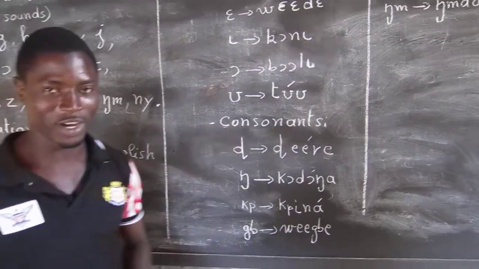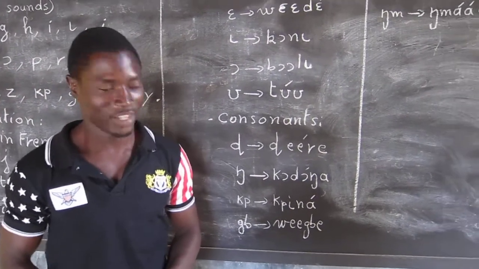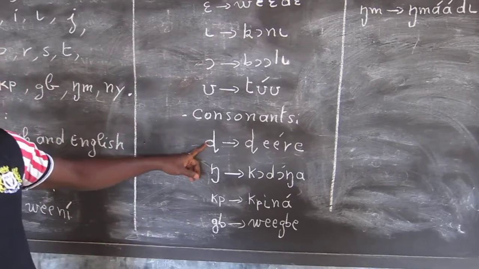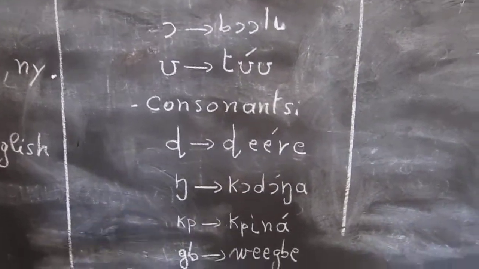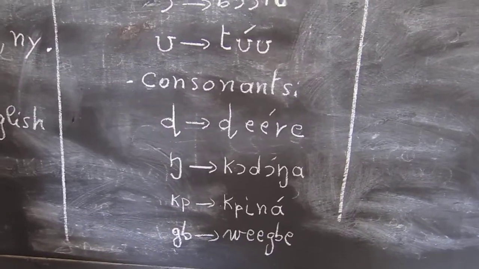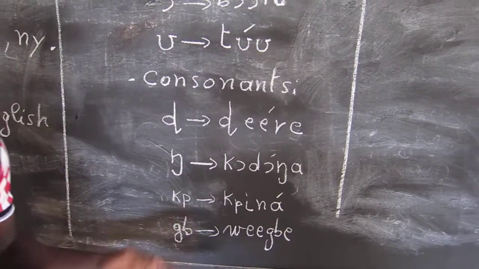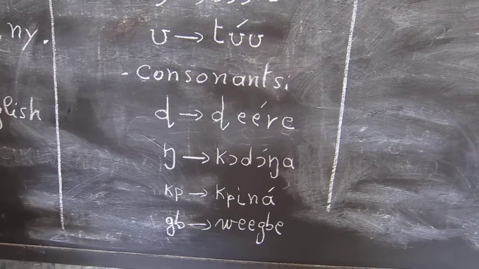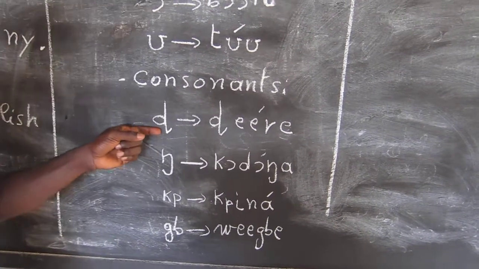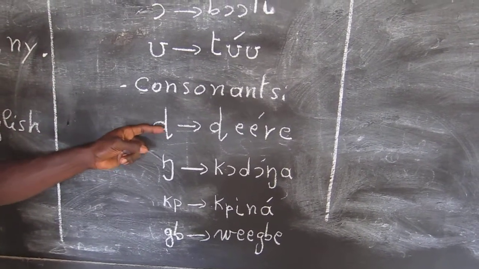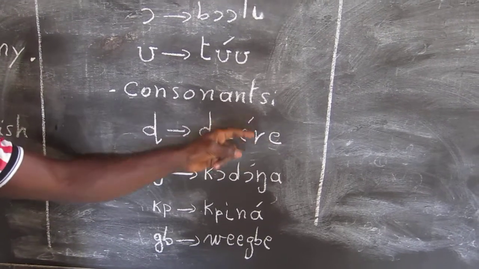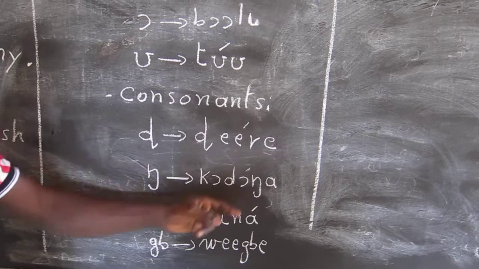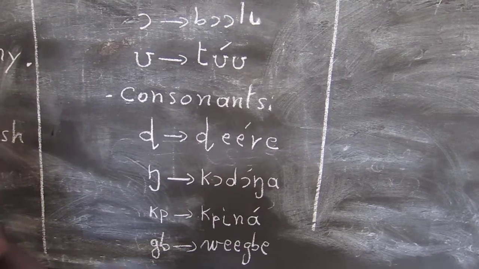Now let's talk about consonants. Now these consonants are only Tem consonants, so we cannot find them in French or English. This one is the, and we can find it in the word dere, which means horse.